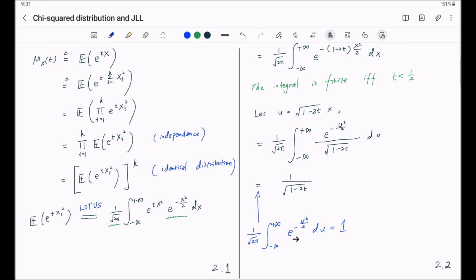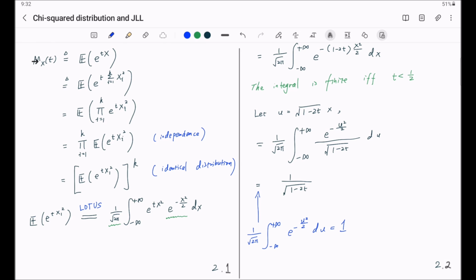But you should also know this can be computed in many ways. The most famous trick is that you can transform this into a double integral, which should be covered in your calculus 3. So anyway, we have computed the moment generating function of a random variable that follows a chi-square distribution with k degrees of freedom.